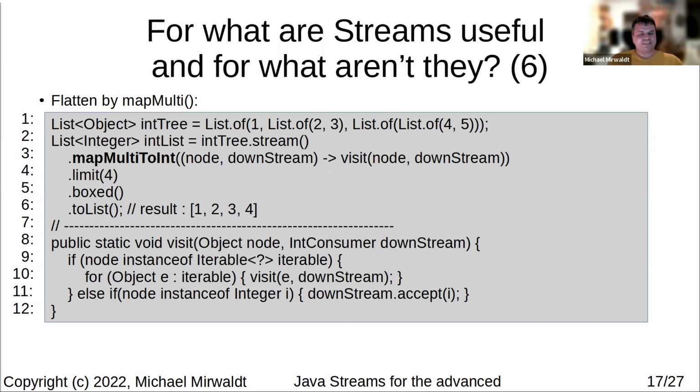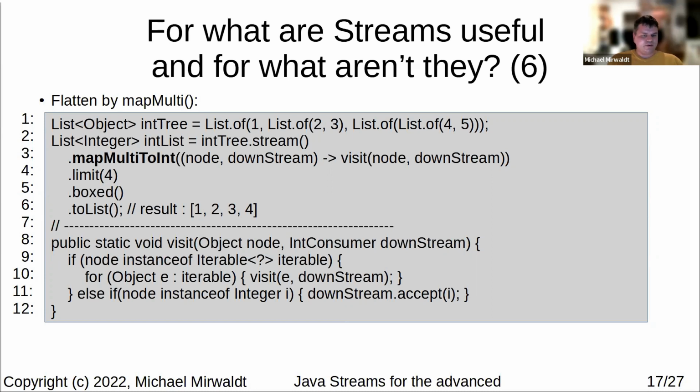But you see here, what I really like with that mapMulti is that it's actually a generalization, I think, or broader operation than flatMap, which is really somehow restricted to two dimensions. But as you see here, it's actually a visitor pattern, or it looks like the visitor, which is supported by the mapMulti function for streams.